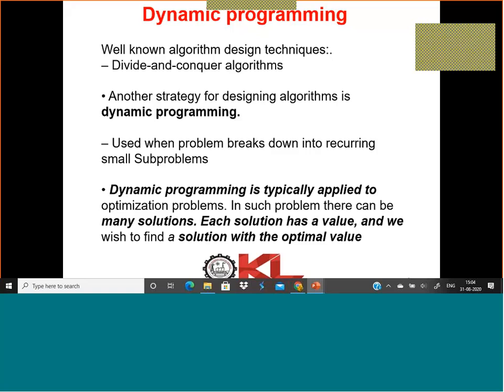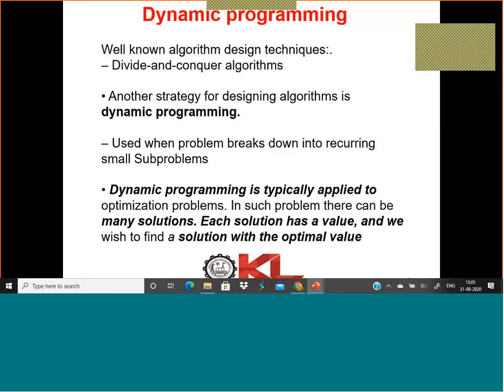That is the benefit we get when dividing the problem into smaller problems. That is the divide and conquer technique we learned, and we solved many problems under it.